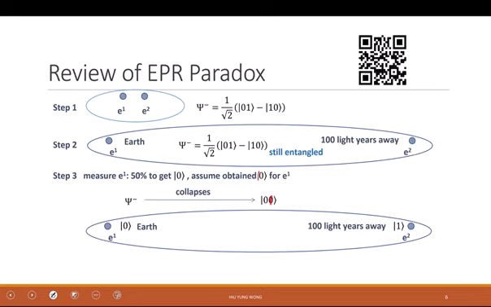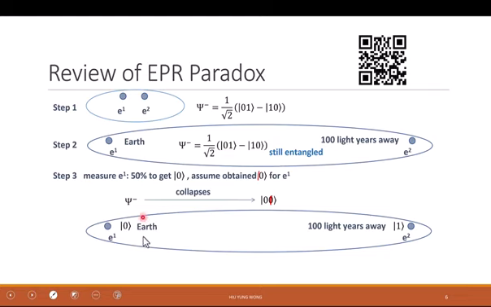It should be 0, 1, because my example last time was 0, 0. It will collapse to 0, 1, right? Why? Because the whole system is a linear combination of 0, 1, and 1, 0. If my first electron collapses to 0, then the whole system's wave function must collapse to 0, 1. I cannot collapse to 0, 0 because I don't have the 0, 0 component, right?